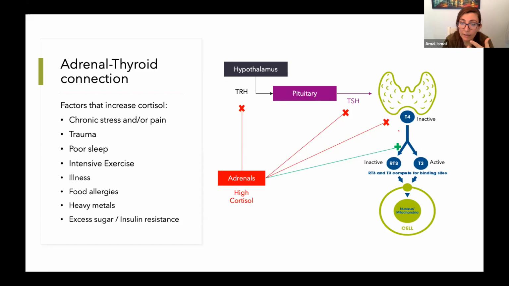And then on top of that, it actually interferes with the production of T4, and it promotes the conversion of T4 to reverse T3, which is the brake. So you essentially don't have any activity. Even if you release T3, release T4, not much of it is being converted to the active form.